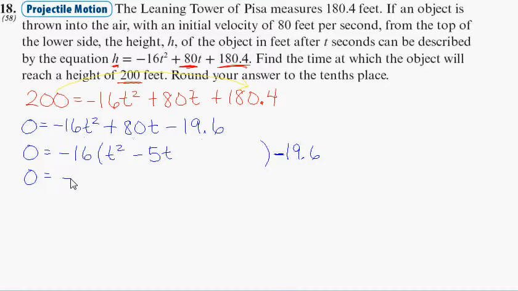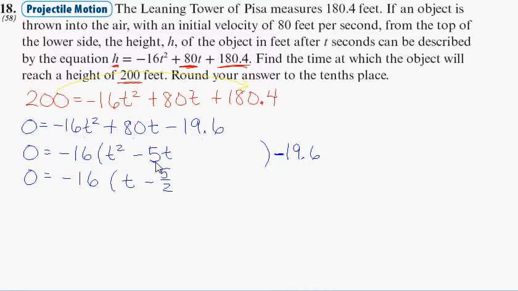Okay, so now this negative 16 just kind of comes tagging along. Now what we need to do is figure out what goes right in here that's going to create a perfect square trinomial that we can factor. In order to do that, I'm going to start by cutting this middle term in half.